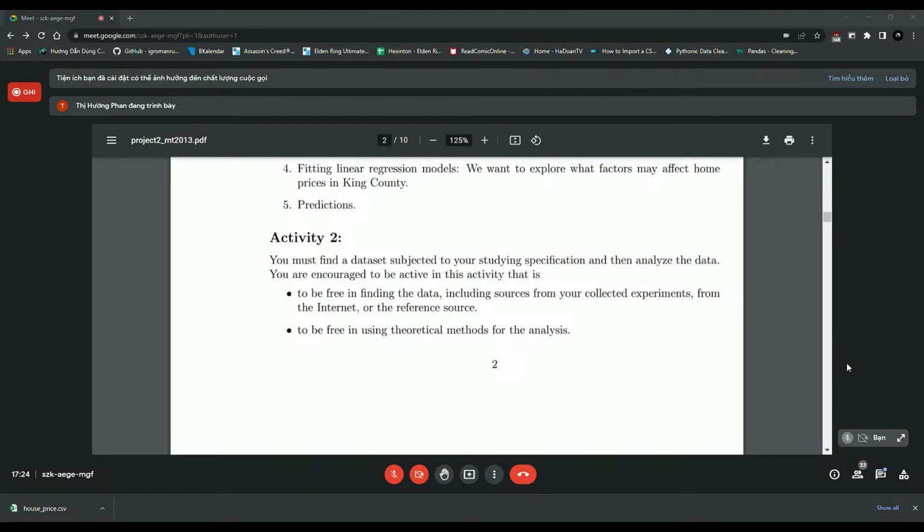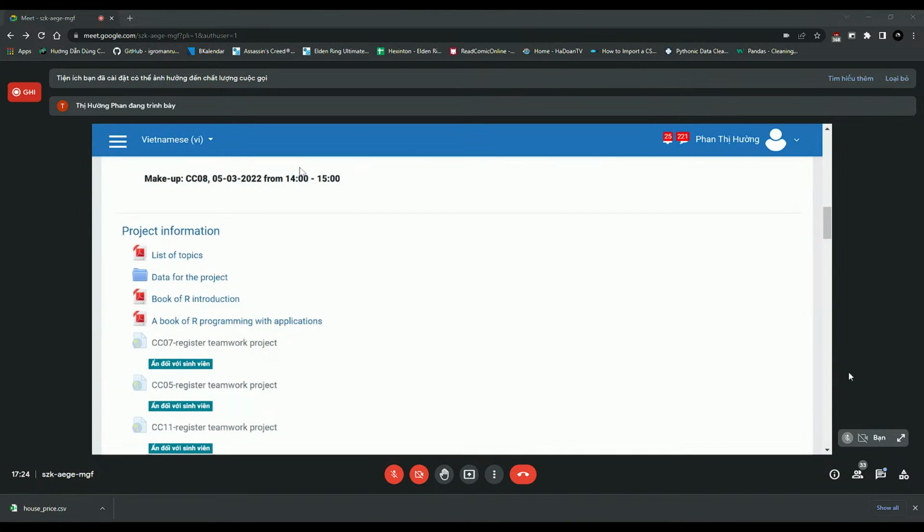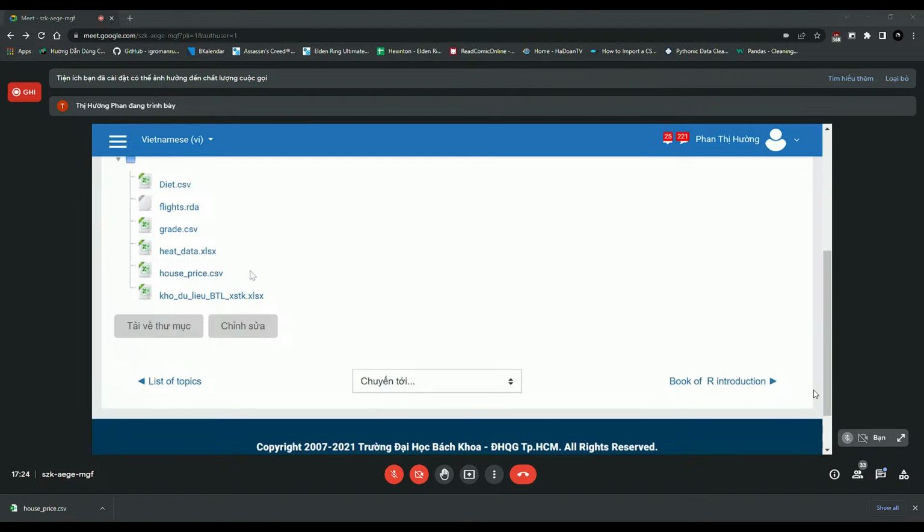I also received a question about the data for the project. If you click on it, at the end you have one Excel file. This is a collection of some real data sets, and they are already classified into different departments.